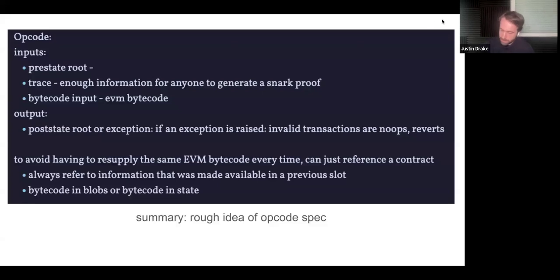It's a bit of a minor technical detail, but one of the questions is, do we want our proof system to be able to only prove correct state transition functions, or do we also expect the proof system to prove invalidity of state transitions?